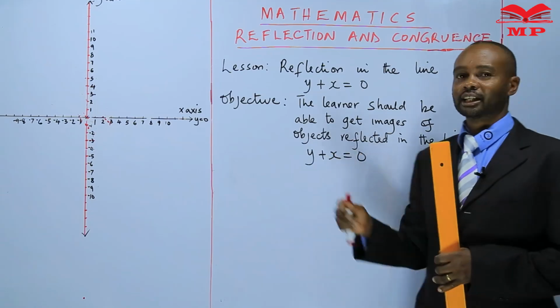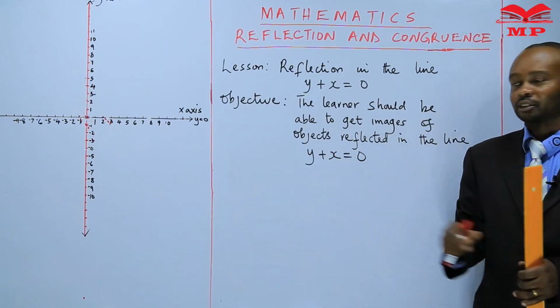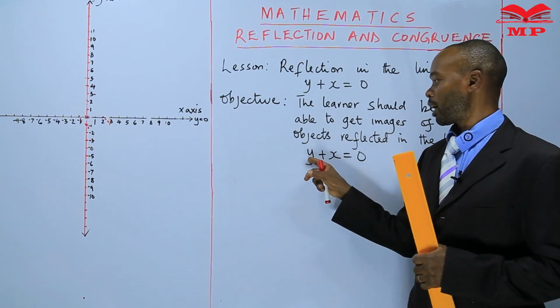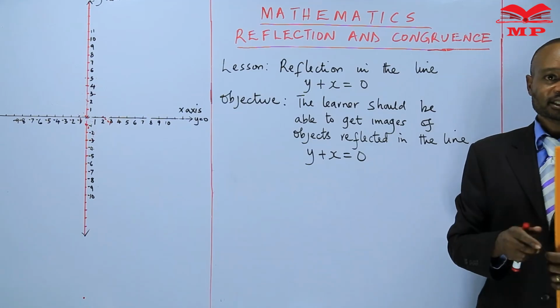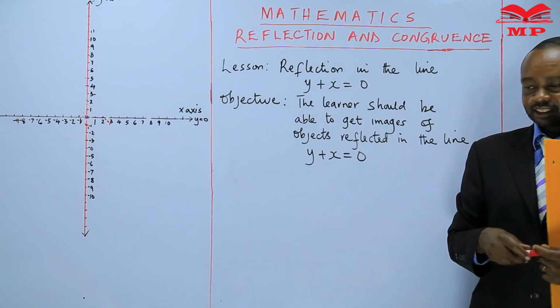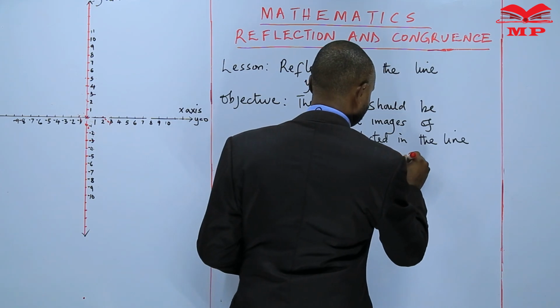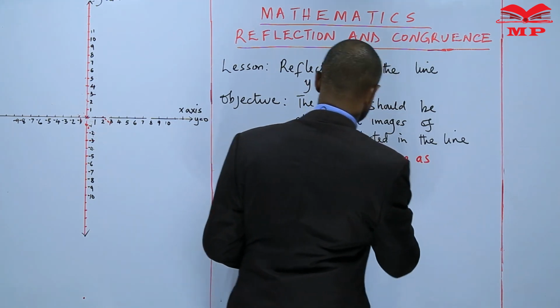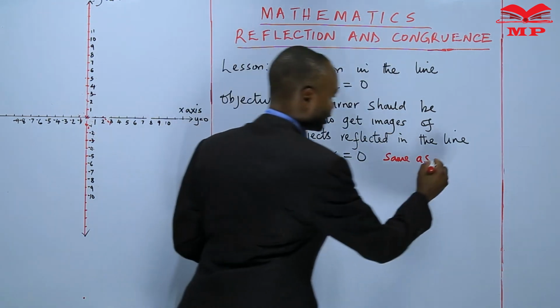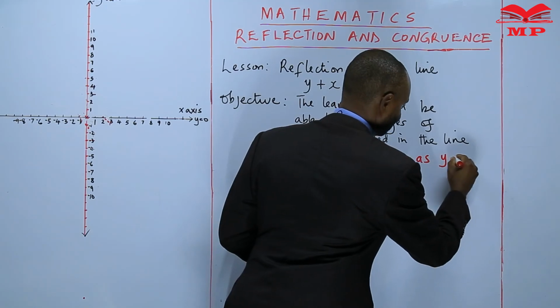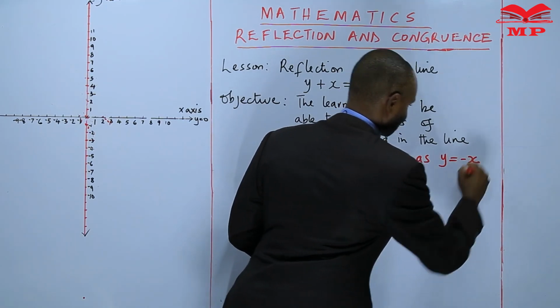Another way of looking at this, it will mean that y will be equal to negative x. It is the same as taking x to the other side: y is equal to negative x.